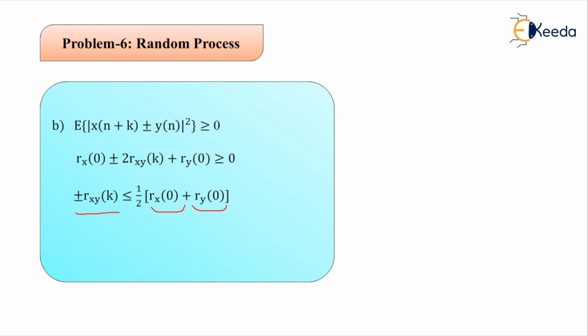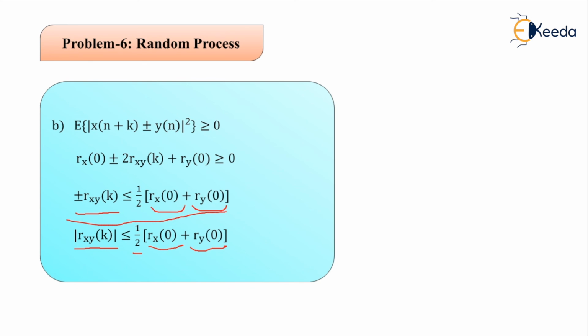This is nothing but what we have in the problem statement. As we have represented plus or minus on the left hand side, we can also express it in the form of mod: the mod of R suffix xy as a function of k is less than or equal to 1 by 2 times the summation of Rx of 0 with Ry of 0.